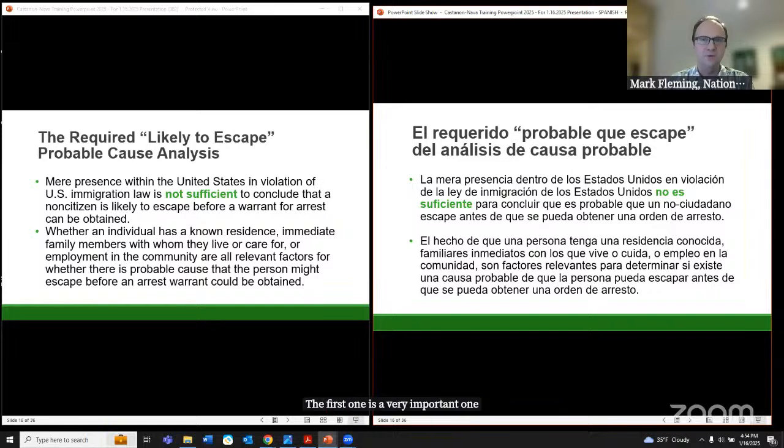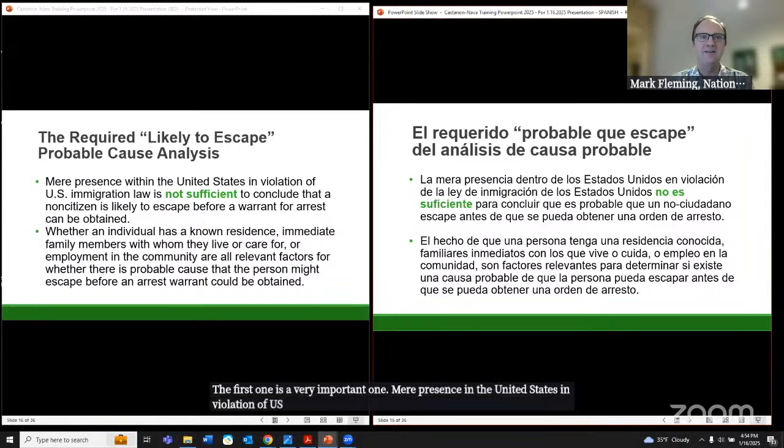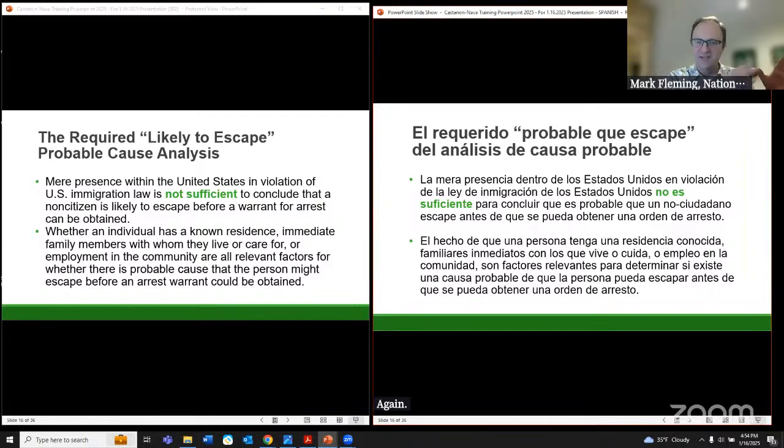Mere presence in the United States in violation of U.S. immigration laws is not sufficient to conclude that an individual is likely to escape before a warrant can be obtained. Again, that is not just in this PowerPoint, it is in ICE's policy, that specific statement.